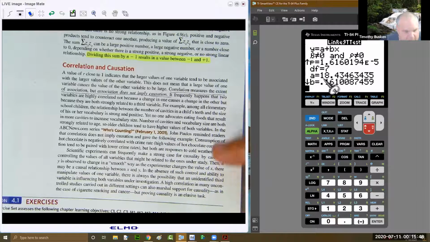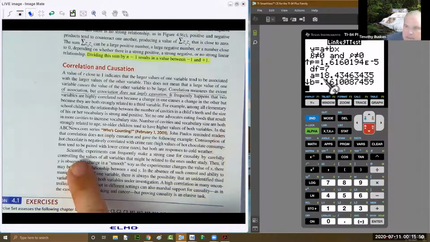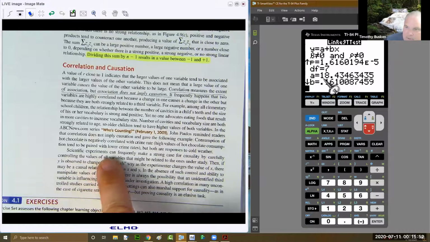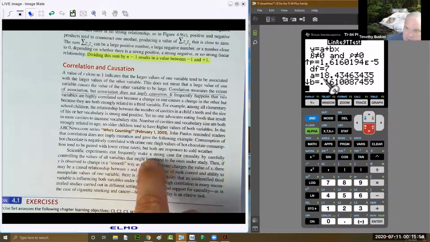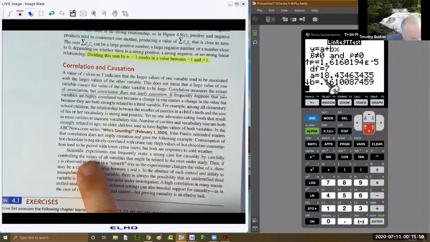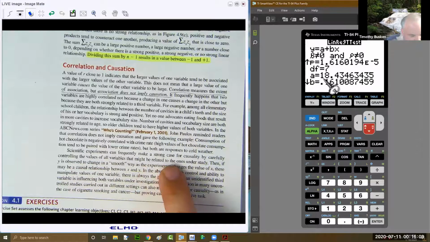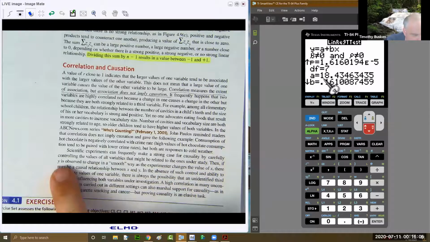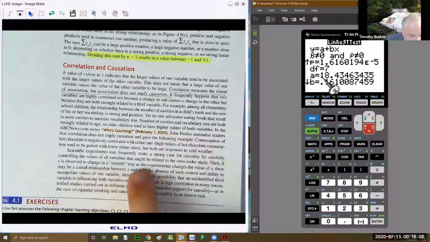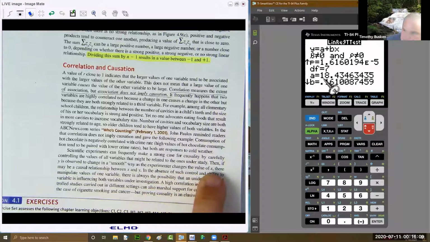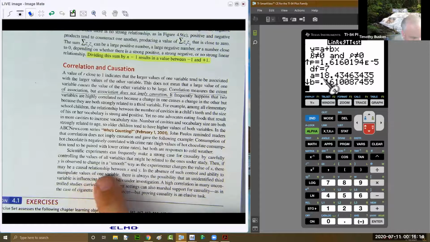And they give us another example here, but let's skip on down. Scientific experiments can frequently make a strong case for causality, but you have to have careful control of the values of all variables related to the study. If you notice that y is observed to change in a smooth way as the experimenter changes or controls the value of x, there may be a causal relationship between x and y.